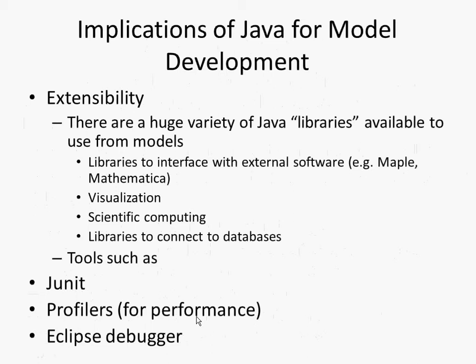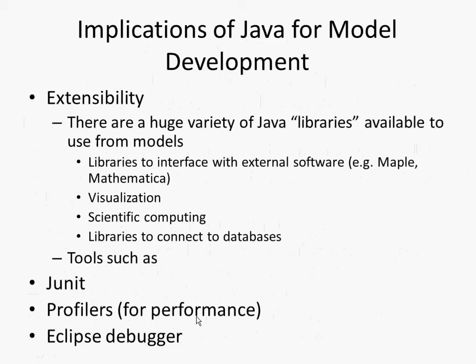Now, the use of Java is notable for a couple reasons. I personally don't think it's the best language in the world to use with a modeling platform. I think there's better choices, but it's not a terrible language, and it has certain strong advantages. One of the advantages is extensibility. There's a huge number of pieces of software out there that offer functionality in the form of what are called libraries. These are software that will do things for you.